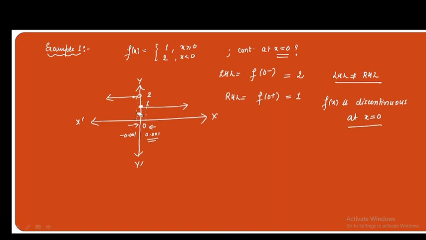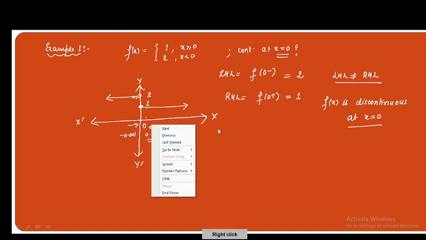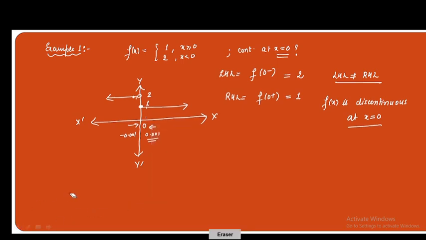Now you can remove this, and if you look at the graph carefully, you can observe that there is a breaking point in the graph. Means you cannot draw the graph in a single stroke, right? If you have to draw with the help of a pencil, you have to lift the pencil while drawing the graph, right?